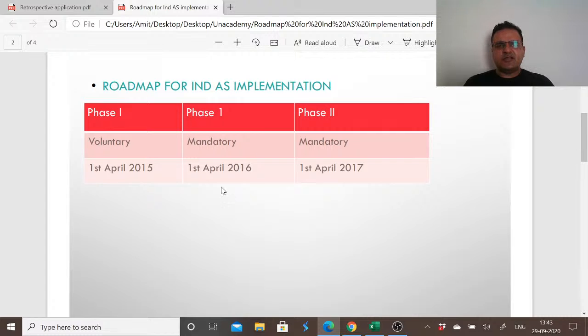So 31st March 17 is the first Ind AS compliant balance sheet. In the phase 2, it was mandatorily applicable from 1st April 17, and the balance sheet was prepared on 31st March 2018 in the phase 2.